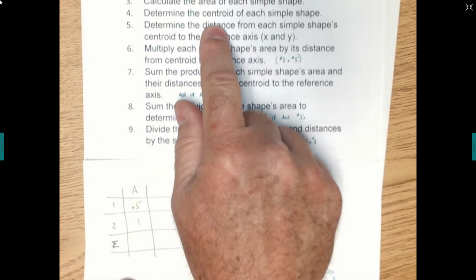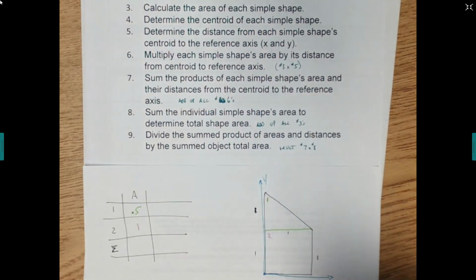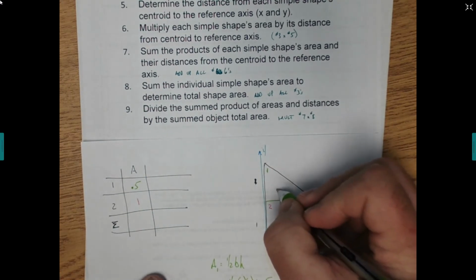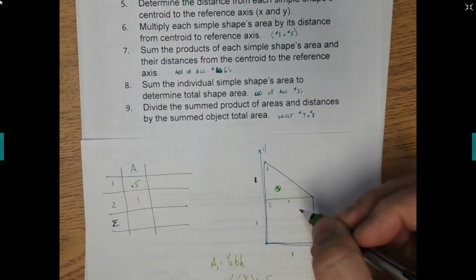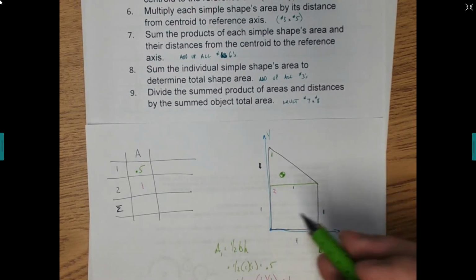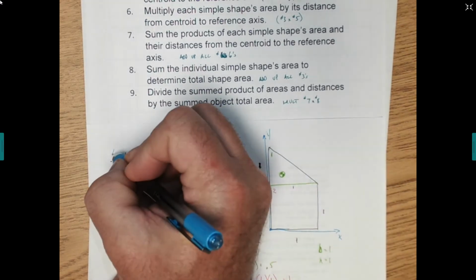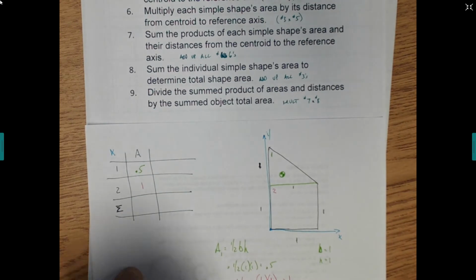Now step 4: determine the centroid of each simple shape. That's where we have to go back and look at these and find the center of each simple shape. So for the green one, it sits right here. Right now we're just going to work in the x direction. You have to do it again for y. We have to do this twice.